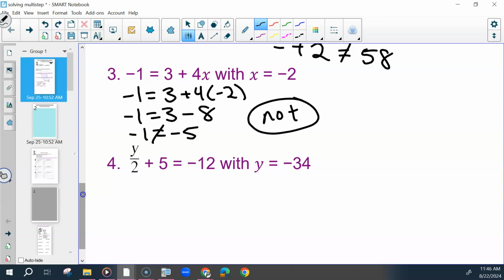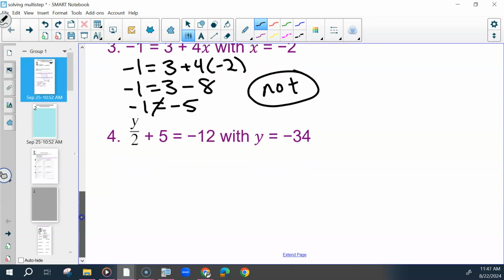Questions on that? Did we get that this number 4 was or was not a solution? Yes, it was. Does anyone need to see that one? Yes, okay. Alright, so same thing. We're going to put that number in for y and rewrite everything else.